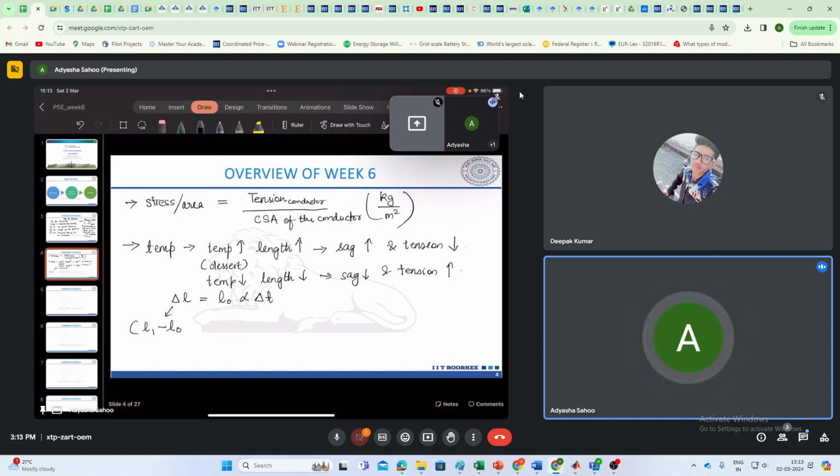Alpha is your coefficient of linear expansion that will depend upon the type of the material, and delta T is the change in temperature, that is T1 minus T0. Using this you can calculate how much change in length of the conductor there is due to change in the temperature.